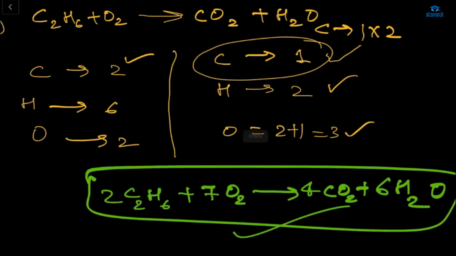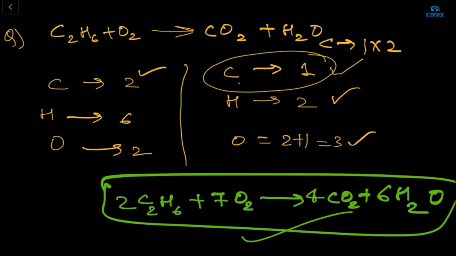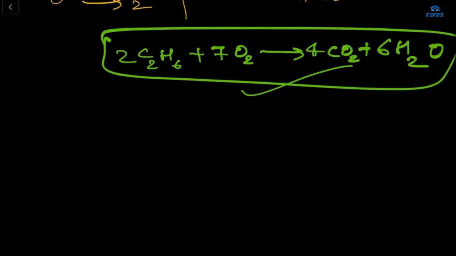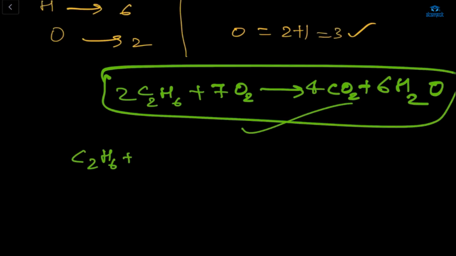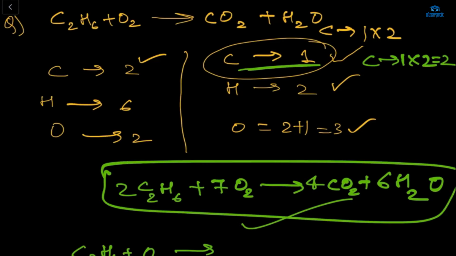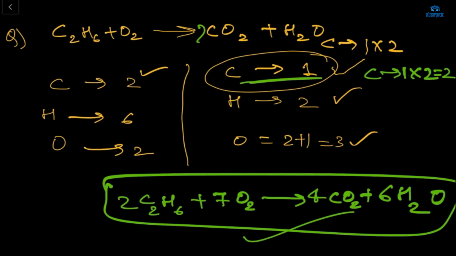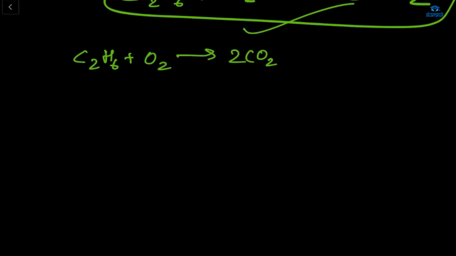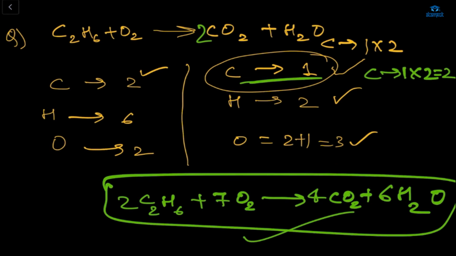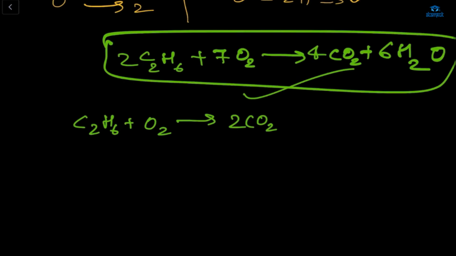See, here is my question. So first, let me balance this. This is 1. Let me multiply this with 2, so it will be 2. C2H6 plus O2 is giving. If I am adding this 2 here, then I have to add 2 here also, right? 2CO2, then what? We multiply with 3, plus 3H2O.